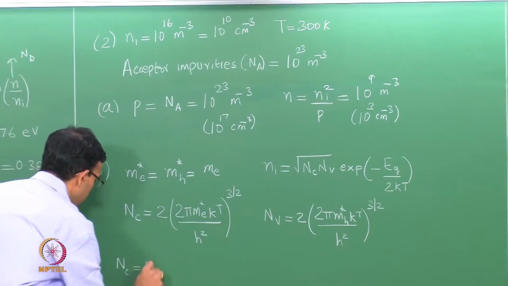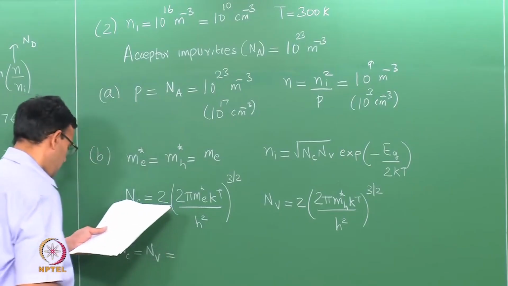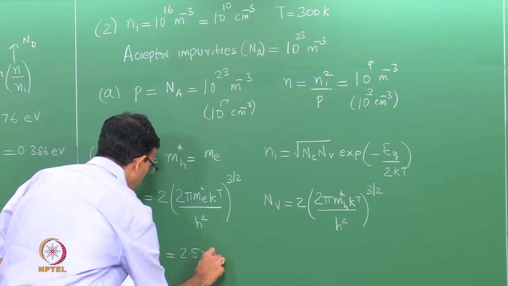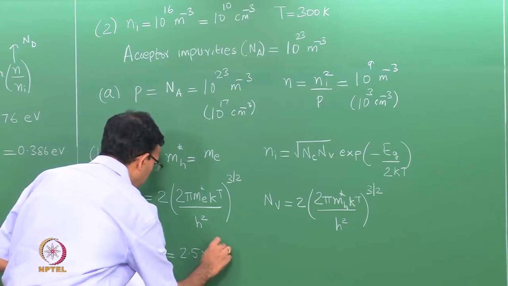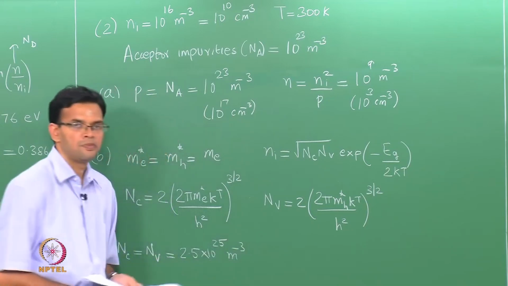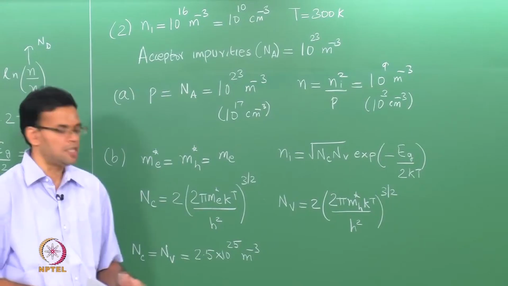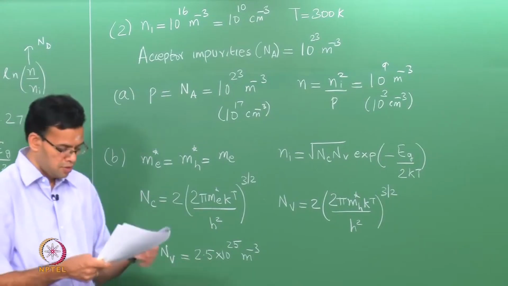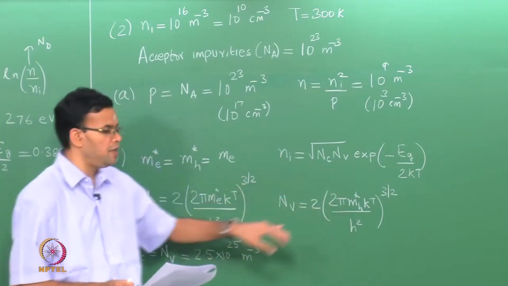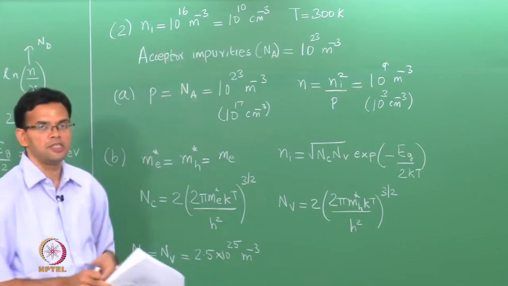So, Nc is equal to Nv and it is equal to 2.5 times 10 to the 25 per meter cube. You can convert this to centimeter cube as well, you will just have to divide by 10 to the 6. Now we know the values of Nc and Nv. Ni is known, Ni is given to be 10 to the 16.